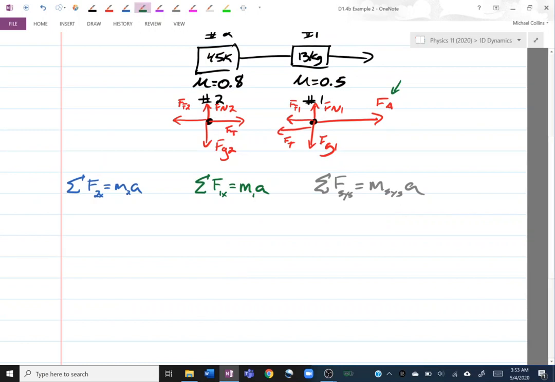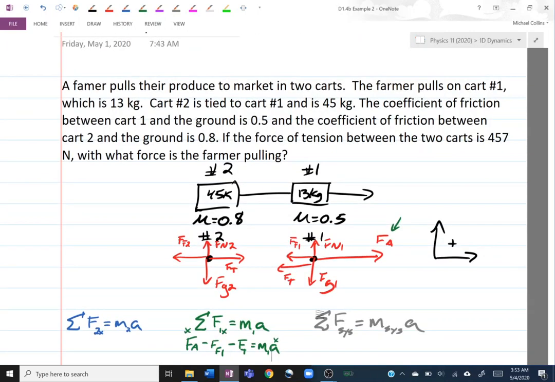I have FA minus FF1 minus FT is equal to M1A. And just because I haven't done it yet, I have called to the right and up positive. If I take a quick look at this, I will find that I don't know what FA is, and I also don't know what my acceleration is, I don't think, do I? So I'm a little bit stuck again.